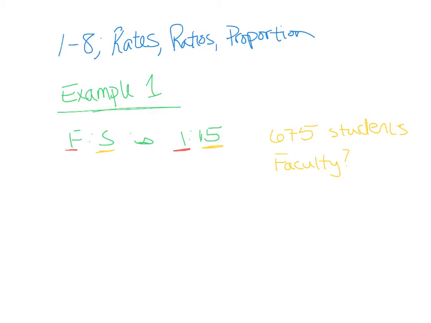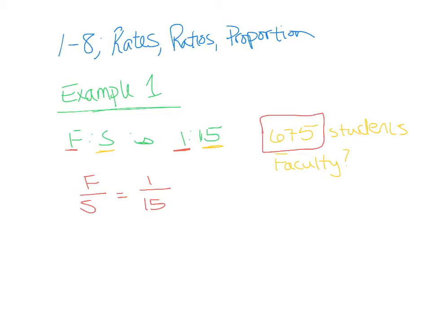So, first of all, we're going to set up a proportion. Okay? So we have faculty over students equals 1 over 15. Okay? So, now what we can do is that we know there are 675 students.